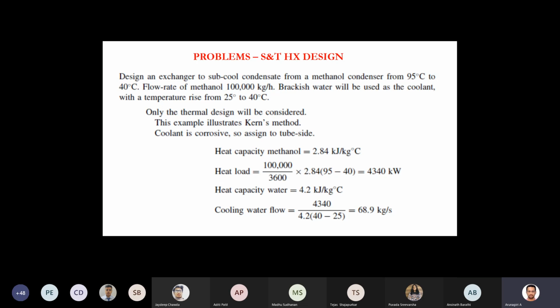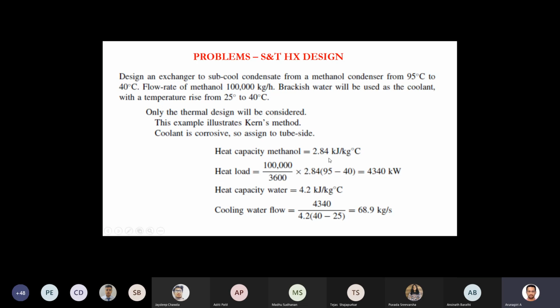We are following the Kern method, whatever we have discussed. Since the coolant is corrosive, we can assign it to the tube side. First, allocation of fluids is done. Then for the heat capacity of methanol, you have to calculate the properties at the mean temperature, 95 plus 40, that is 135 by 2. You can calculate around 67.5 or 68 degrees centigrade. We can calculate the properties of the fluid.